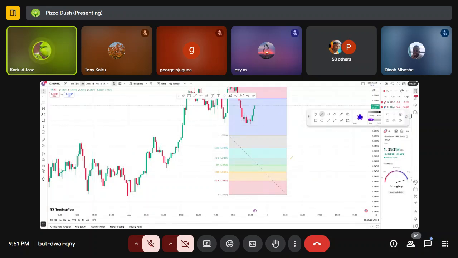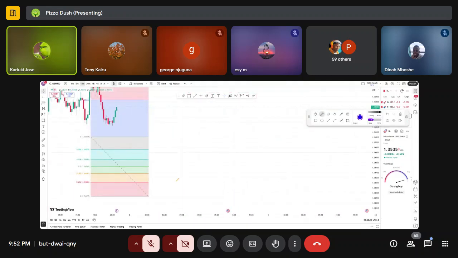So hizi levels hatutumiangi zote. Mimi kulingana na strategy yangu, mostly natumianga 0.5 and 0.618. So mostly utapata market reverts in these three major levels: 0.5, 61.8 and 38.2. But me, I tend to specialize with 0.5 and 61.8.